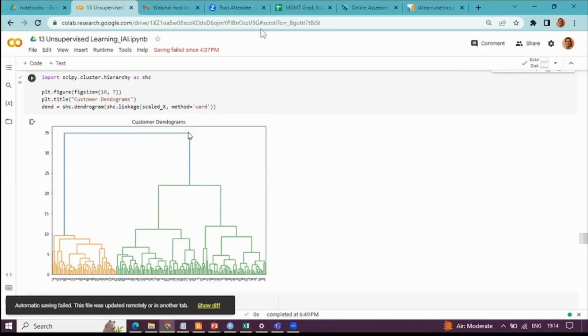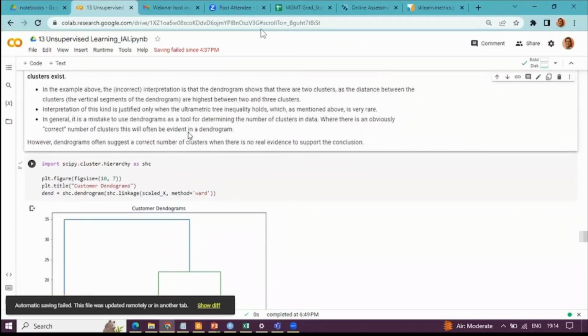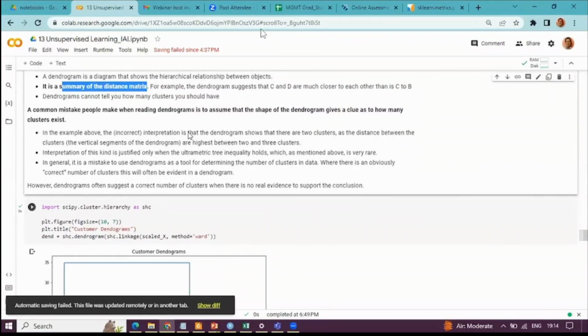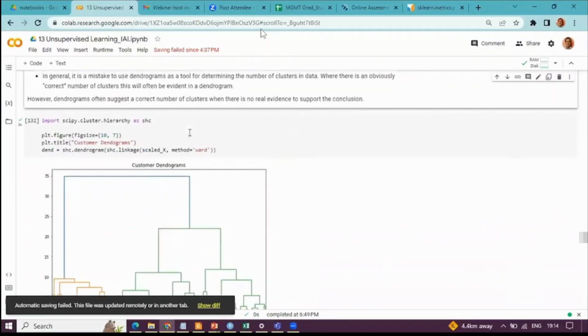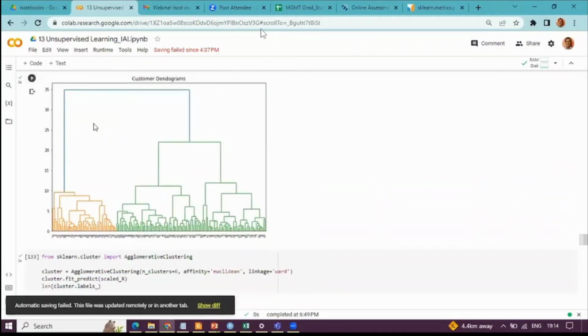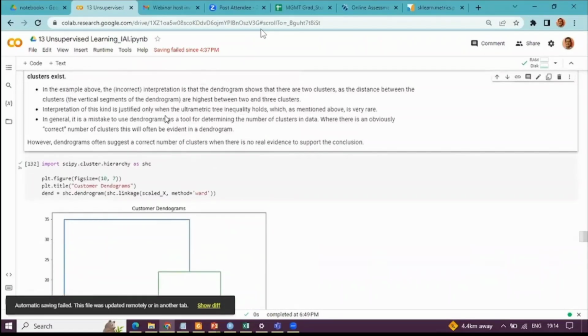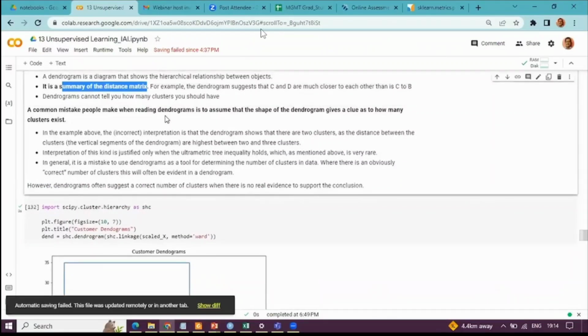That is a typical interpretation people make, which is not the interpretation we should make. At the end of the day, you can create any number of clusters from the dendrogram. As I have told you, use the Silhouette score as a differentiator. Don't look at where the distance is maximum and say that is the number of clusters. I saw that people make this very typical wrong interpretation.